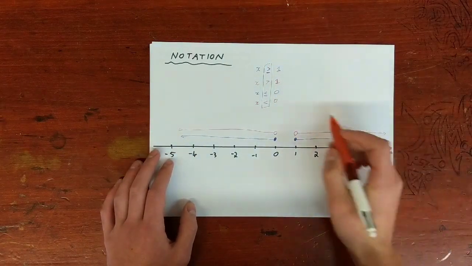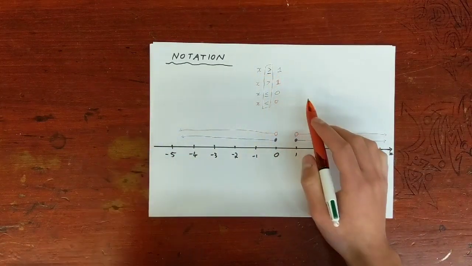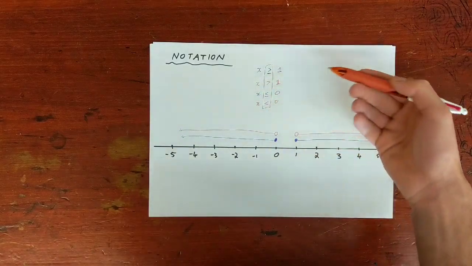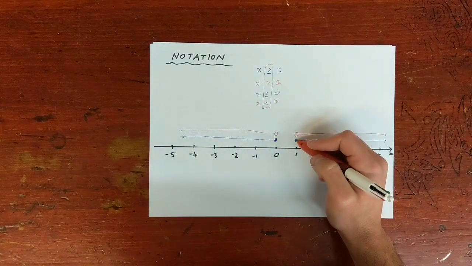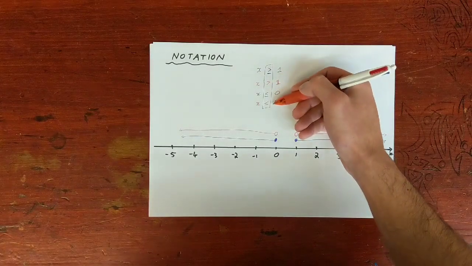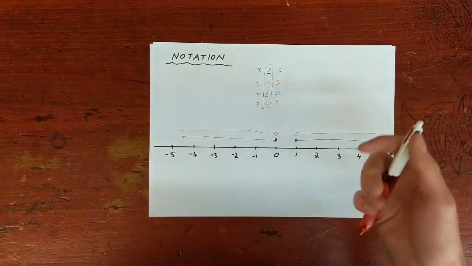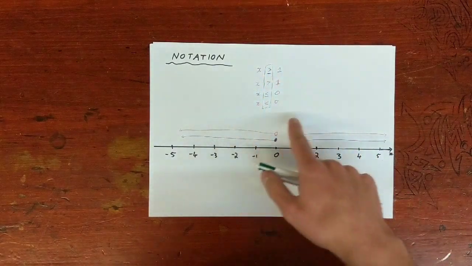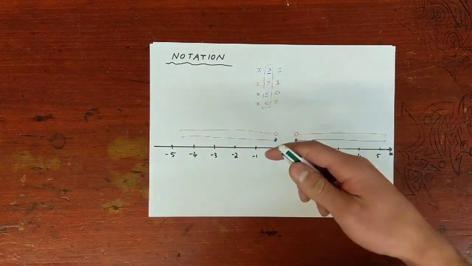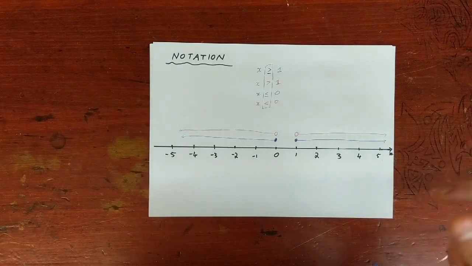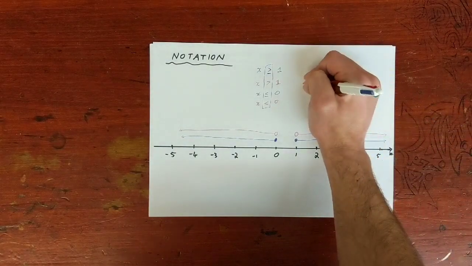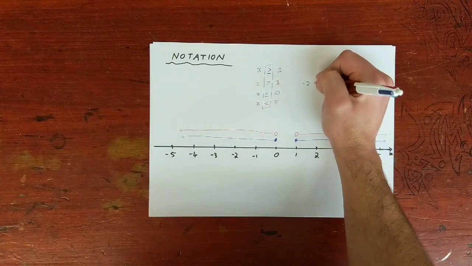You also need to be familiar with the idea that if it's greater than or less than and equal to, we represent that with a filled-in circle. And if it's greater than or less than but not equal to, we represent that with an open circle. We could of course have any combination of these symbols that we want. So the last example we'll put on here is something that looks like this.